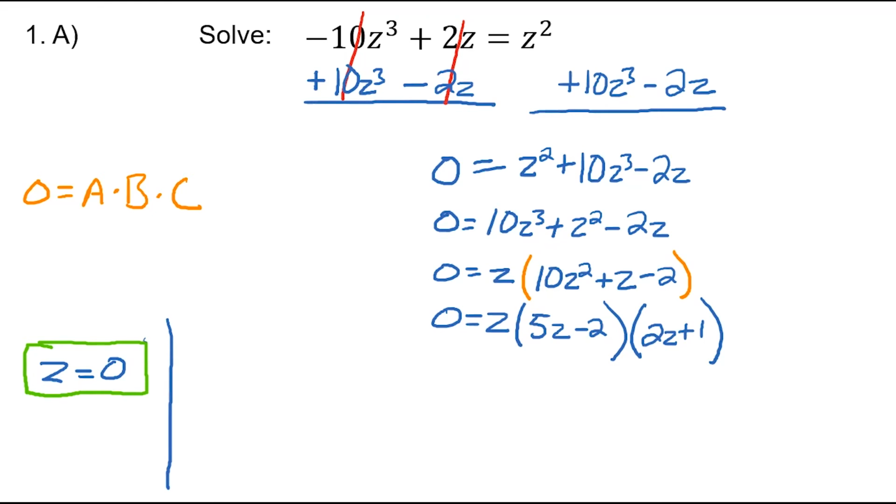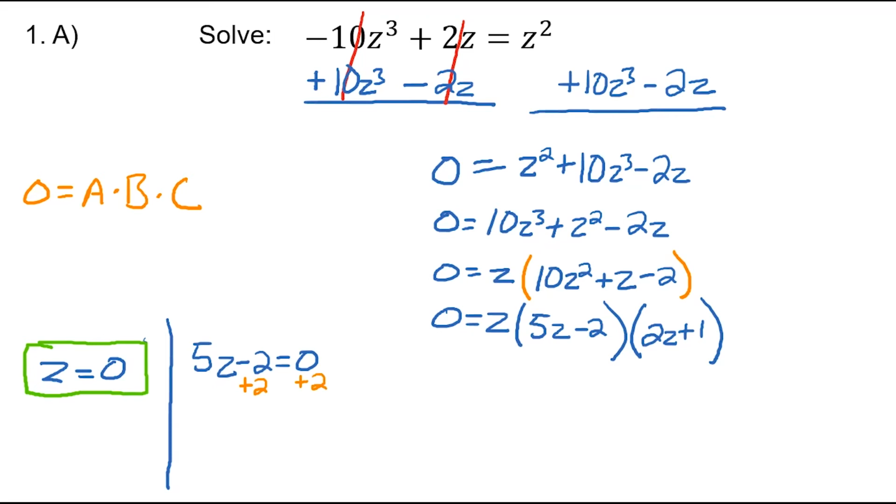All right, so let's try this with the second one here. If I set 5z minus 2 equal to 0, then I solve this for z.